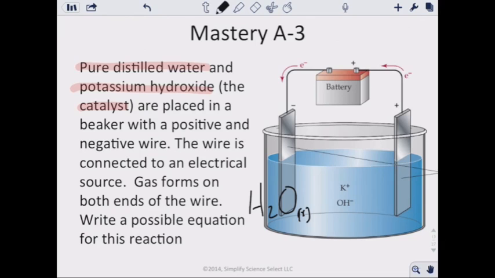It's placed in there with our potassium hydroxide, KOH, and it produces 2 gases. Guess what those gases would be? Hydrogen gas, and we put H2 because it's a diatomic, and oxygen gas, and we put O2 because it's a diatomic. And we see we have our chemical equation.